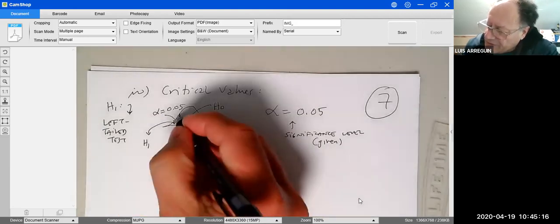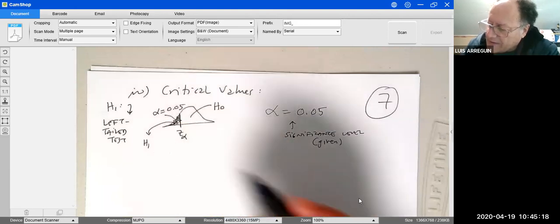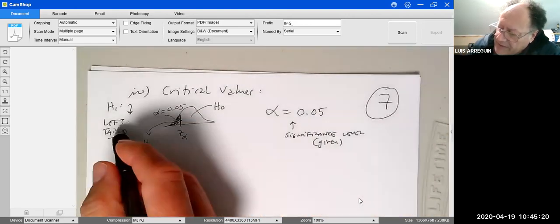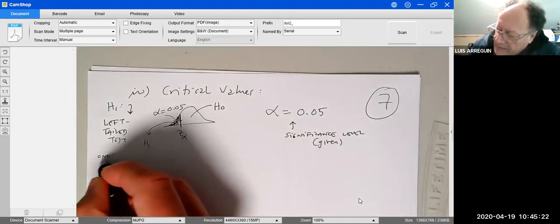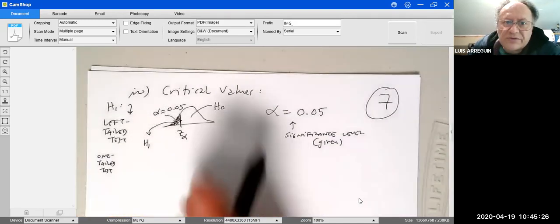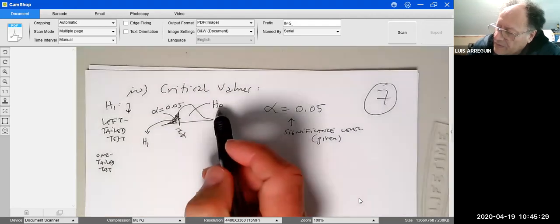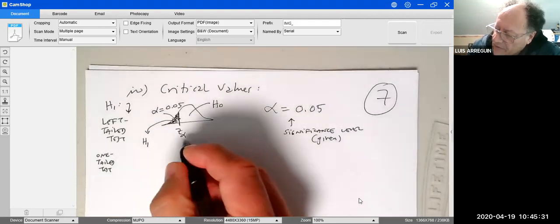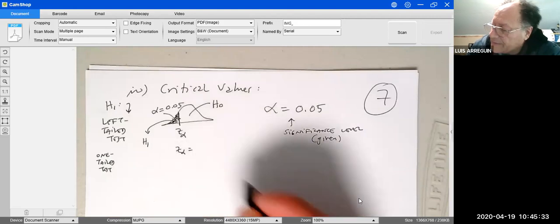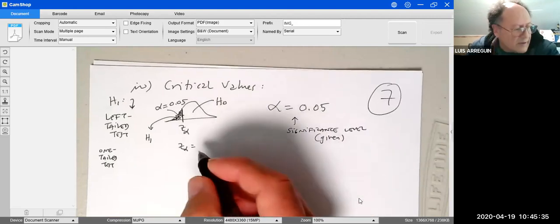There are only two regions in this case because it's a one-tail test. A left tail test is a one-tail test, so there are only two regions, one in favor of the null, one in favor of the alternative.